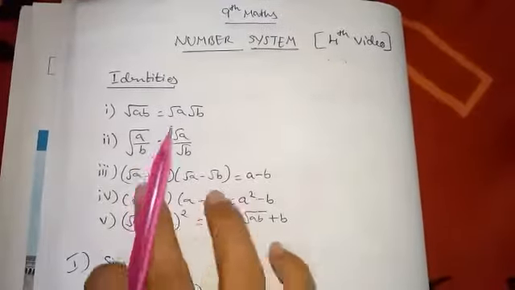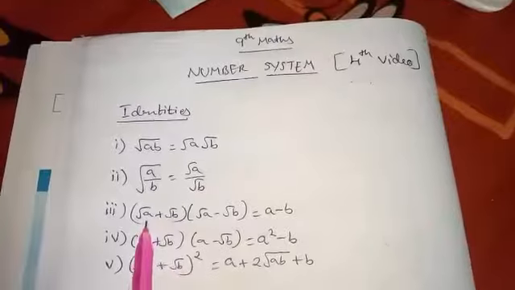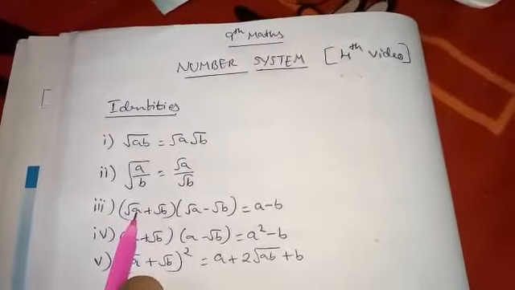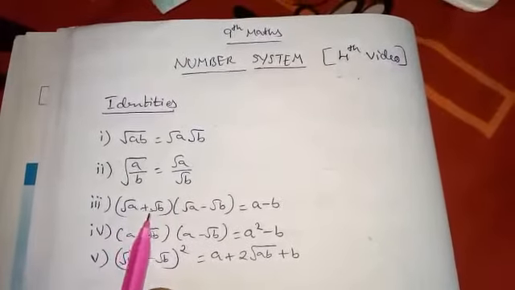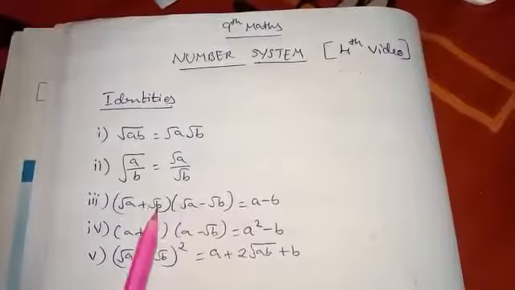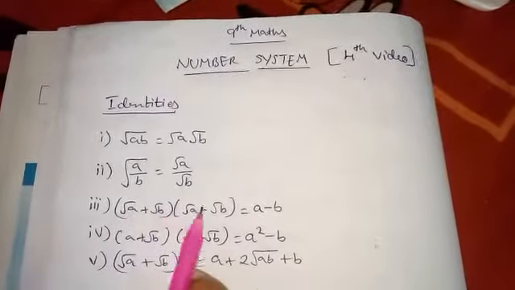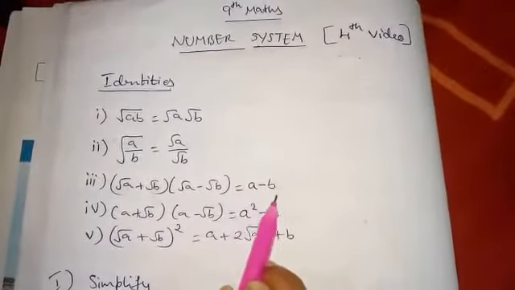If you get this type of form while solving a problem, this is the general form. In the question they will give you numbers, so you have to use this form on the numbers. You should have the same numbers with different signs, and then the answer is A minus B.